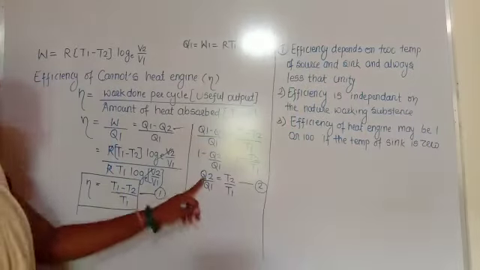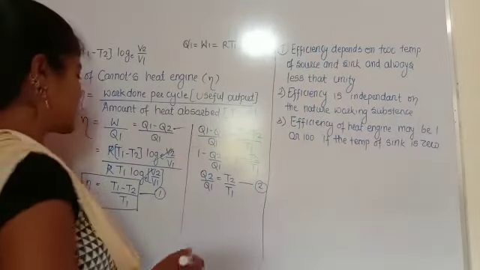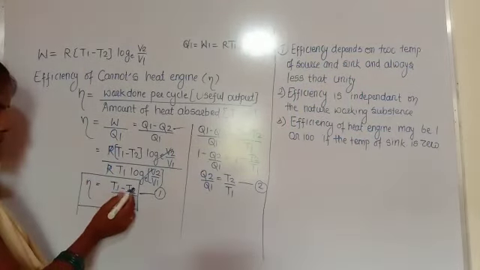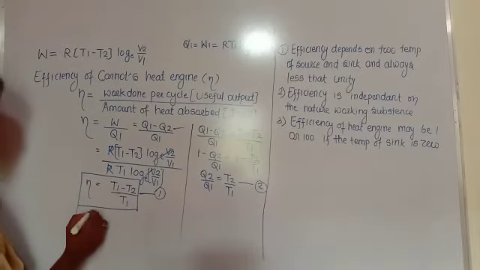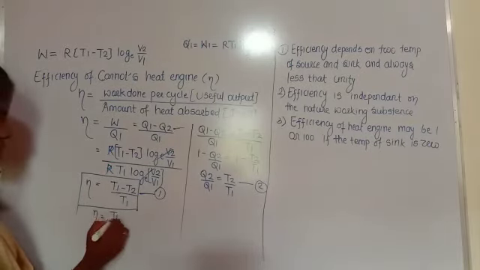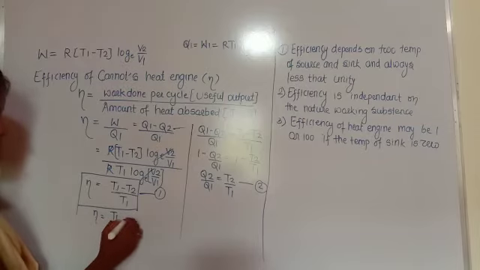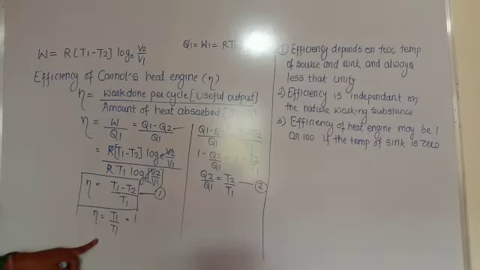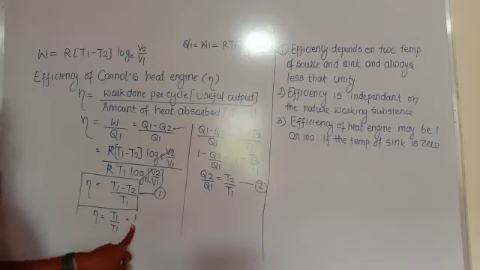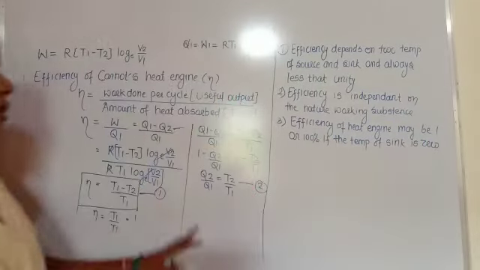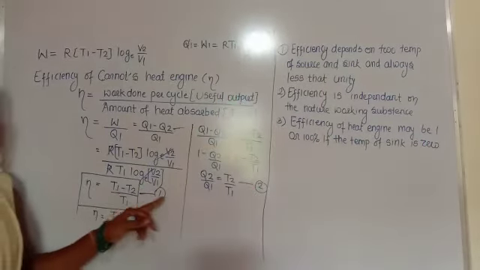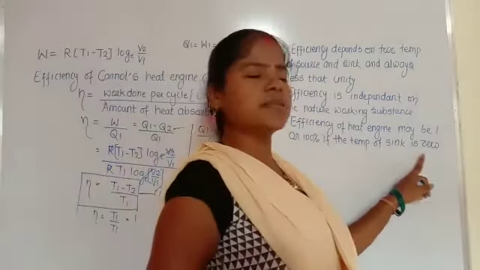From this equation, efficiency η = (T1 − T2)/T1. If we take T2 equal to 0, we get η = T1/T1, that means only 1. So if we want the efficiency of the heat engine to be 1, or 100%, we have to take the temperature of the sink as 0.